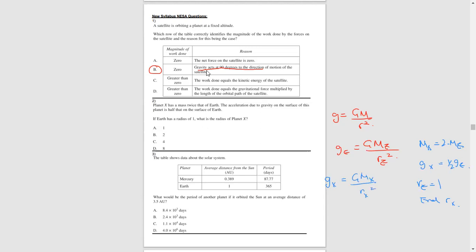But g of X is half times gE. And the mass of X is 2 times mass of Earth. And half of gE we can replace on the left-hand side with what we've just worked out.